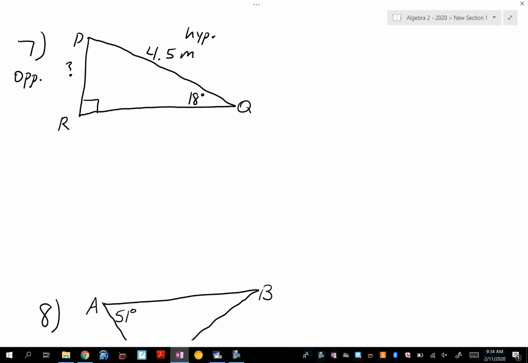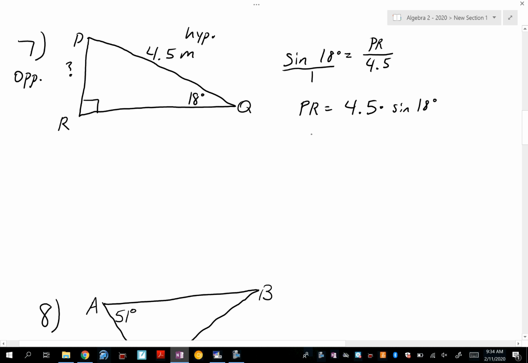So I'm going to do the sine of 18 degrees equals the opposite side. I don't know, so I'm going to use PR now. Equals PR over the hypotenuse of 4.5. Now, if Ms. Byrne has taught you every time to use proportions, if you put that over 1, you get cross products. PR equals 4.5 times the sine of 18 degrees.